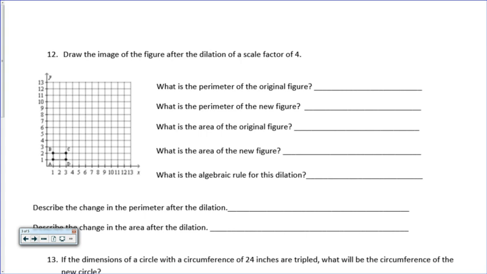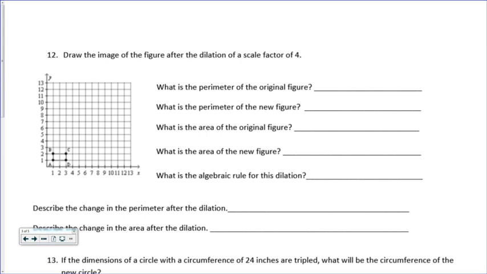Okay, so if you're just counting your length and width here, we have from A to B is 1, and from B to D is 2. So if you count your perimeter, we have 1 plus 2 plus 1 plus 2. We have 6 units. Okay. What is the perimeter of the new figure?